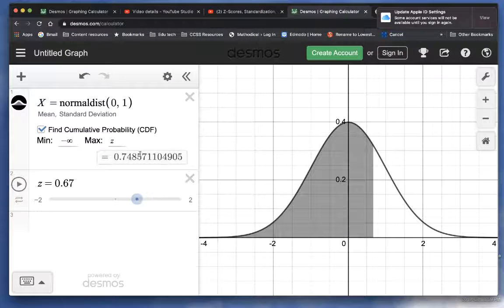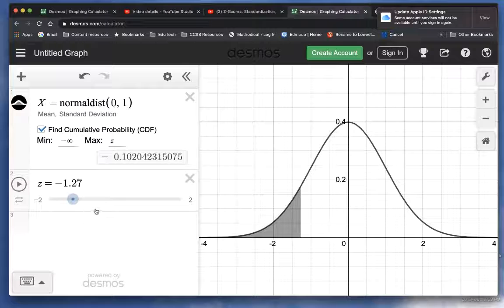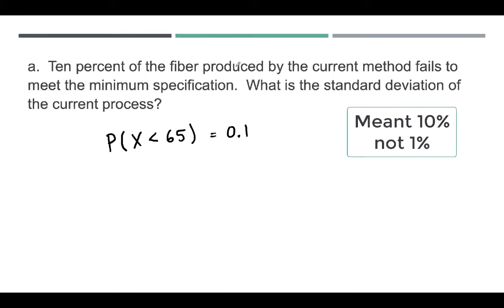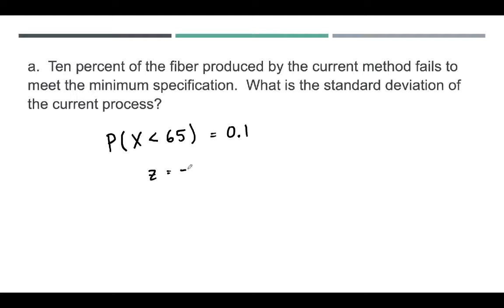I'm going to change this to be 0.1 and drag this down until I get close. Okay, there, I'm really close right there. Negative 1.27. So in order to have 10% failing spec, my z is going to equal negative 1.27.